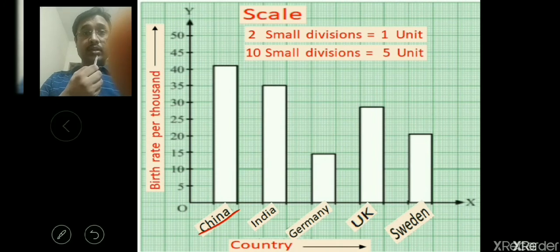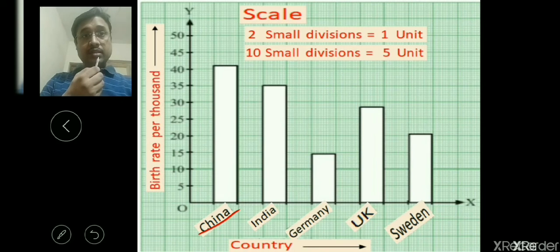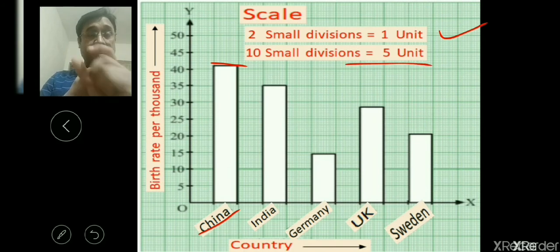Now you can see what the data is showing here: China is 42 and India is 35. China is just above 40, that is 2 more, 42, because you see the scale here. You have to understand this scale factor nicely: 2 small divisions equal 1 unit here. So 10 small divisions equal 5 units, and 10 small divisions make one big division.